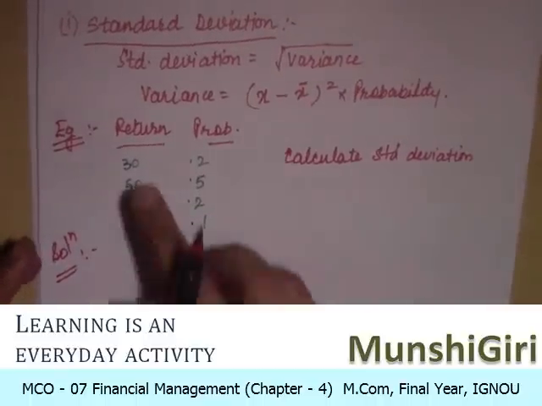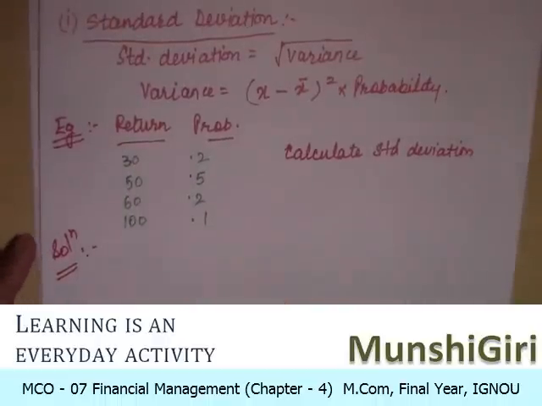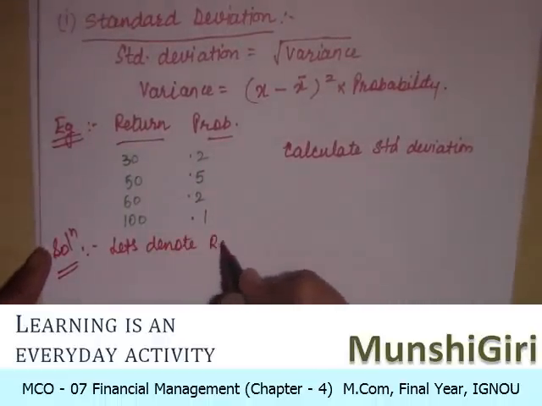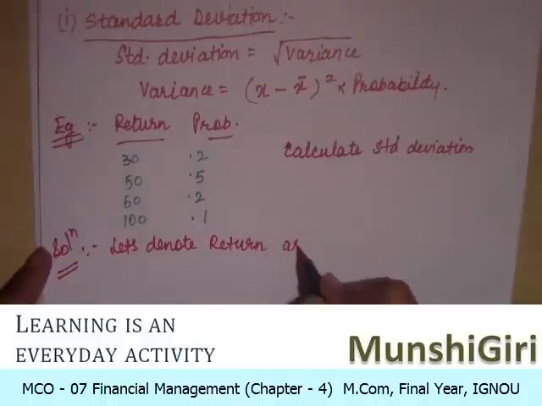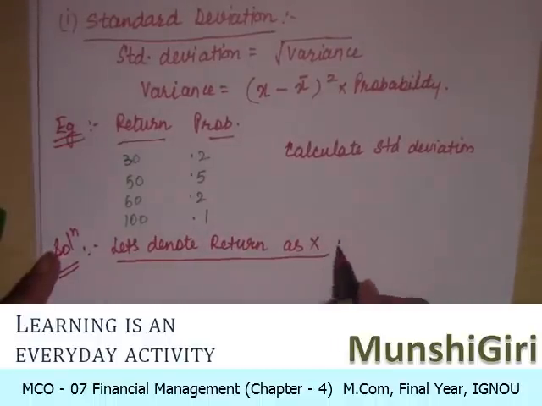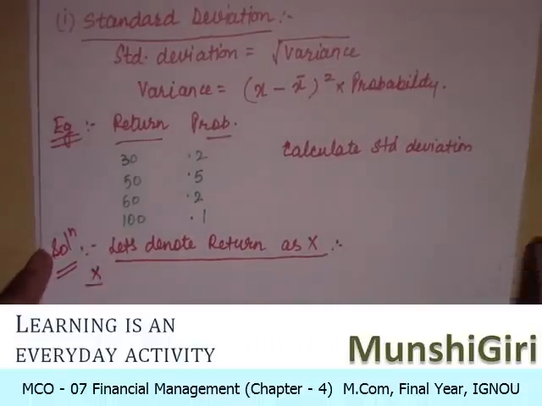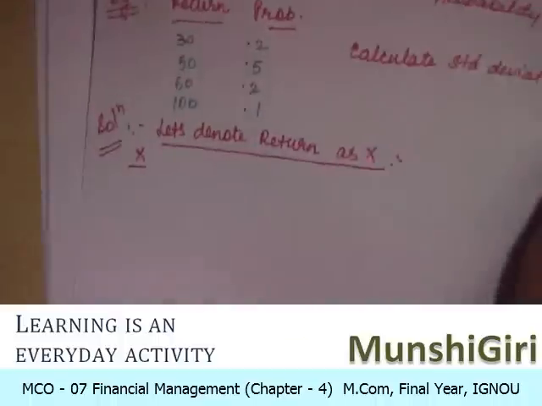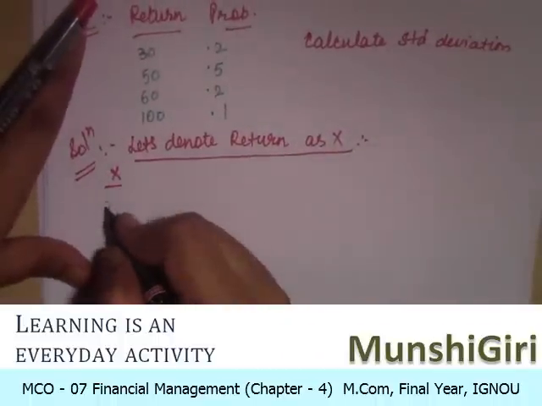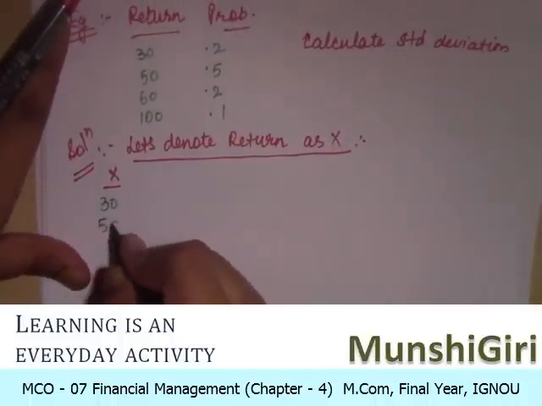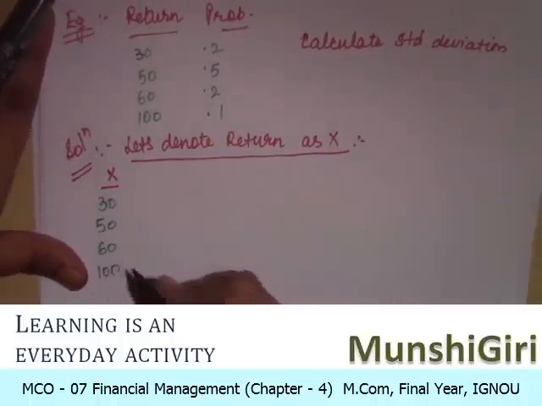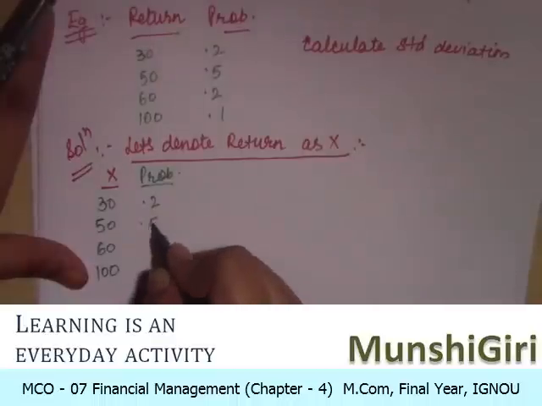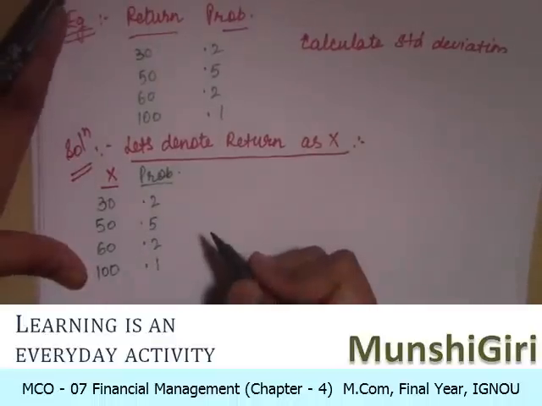Now let's denote return as x. So the first column we are taking as return, that is x: 30, 50, 60 and 100. Next is probability: 0.2, 0.5, 0.2 and 0.1.